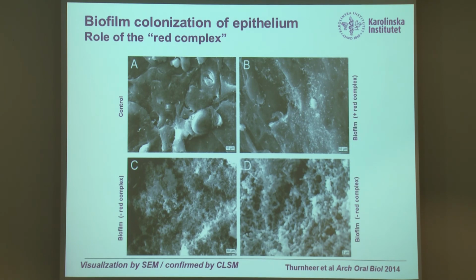Streptococcus oralis is a health-associated species and more of a commensal species. So you can see that when you take away the more pathogenic species, we have dominance of the more health-associated ones. That also denotes a competitive interaction between different species in the biofilm here on the substrate of epithelial cells.